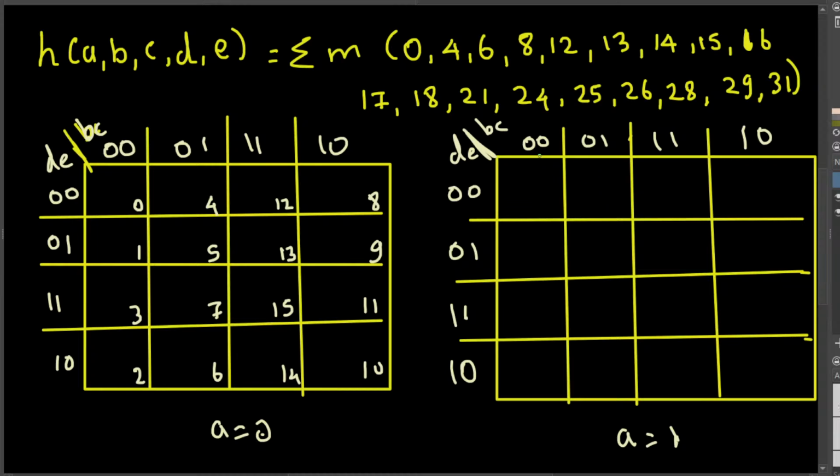Here you have to be careful. Here we have A equal to 1. What is the number here actually? This is 1 first and then 0, 0, 0, 0, so that's equal to 2 power 4.